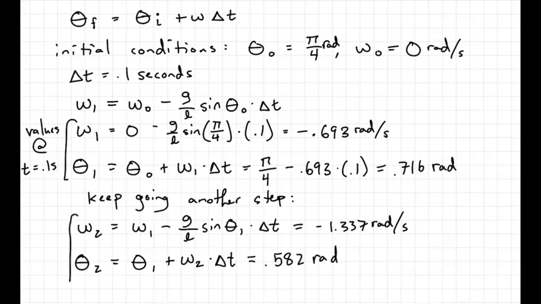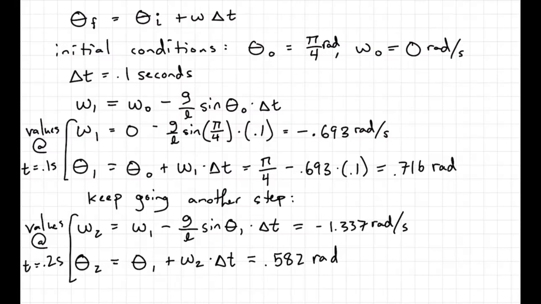So now these are the values at time equals 0.2 seconds. And we could just keep doing this forever, and we would have an approximate solution to the differential equation. We'd get data that would tell us functions for theta and omega, and we could plot those if we wanted to. So that's where we're going next here. I'm going to switch over to Sheets and show you how to do it in Sheets.